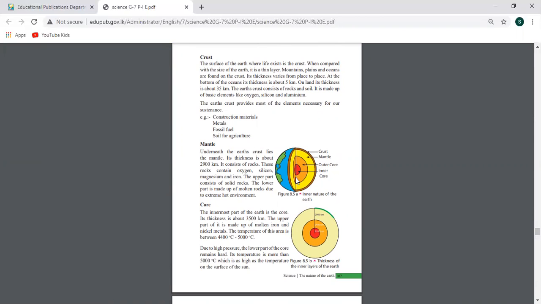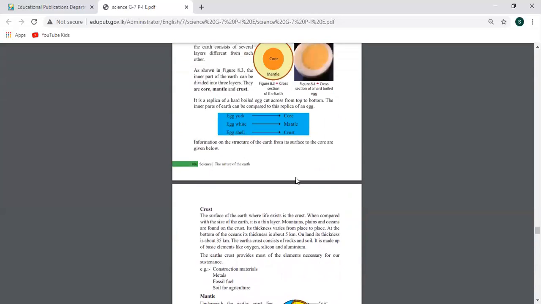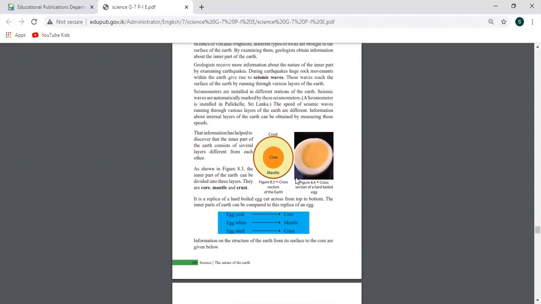There are three main parts in the Earth, and for example, we can take the egg. This egg consists of three parts as in the Earth. This boiled egg has an egg shell, egg white, and egg yolk. Egg yolk is the core, egg white is the mantle, egg shell is the crust.